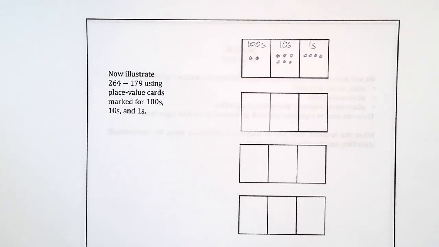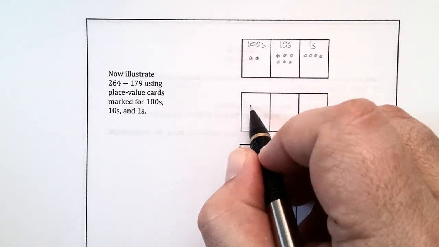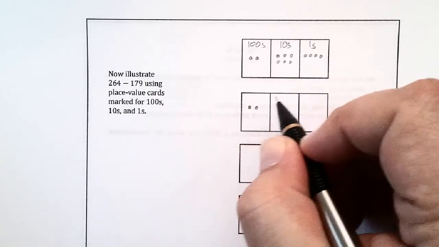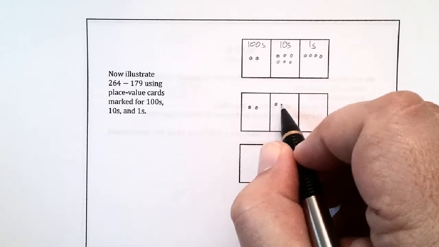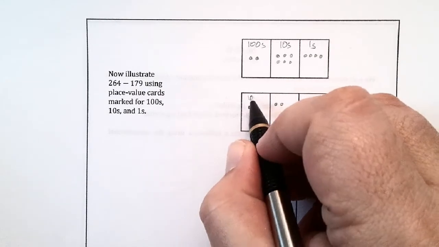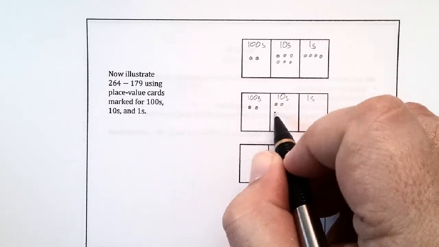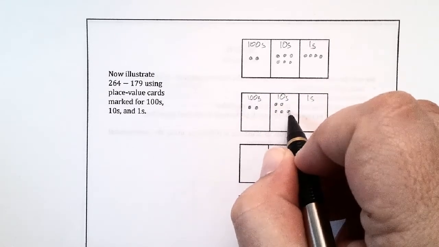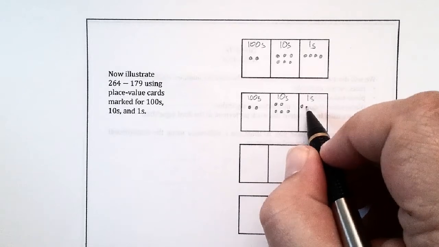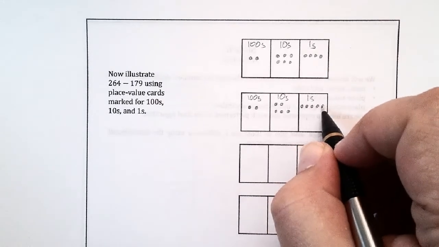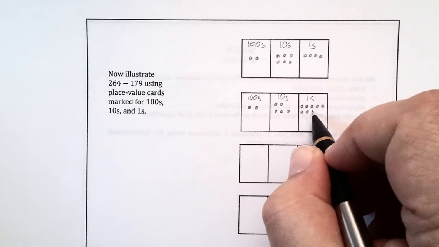And I need to make 2 exchanges. First, I need to exchange 1 ten for 10 ones. So I'm going to have my 2 hundreds, five tens, and 14 ones.